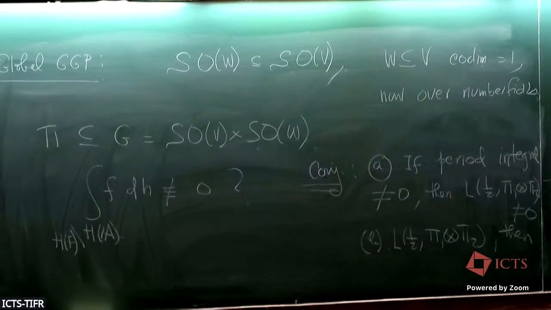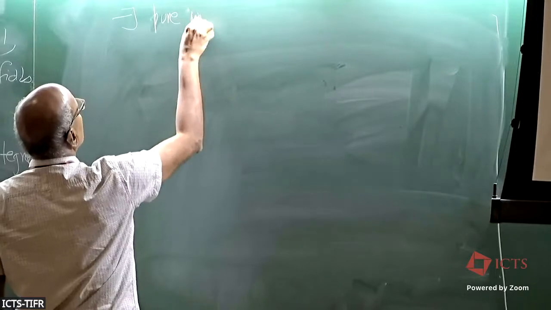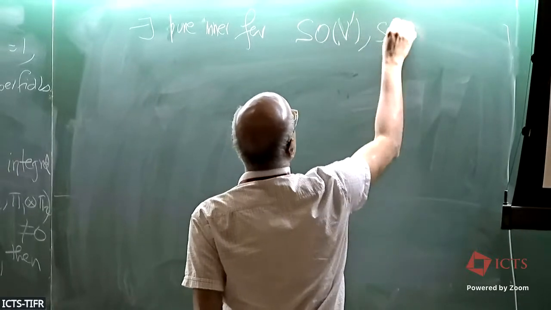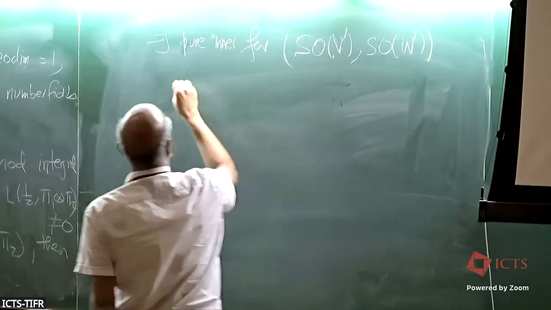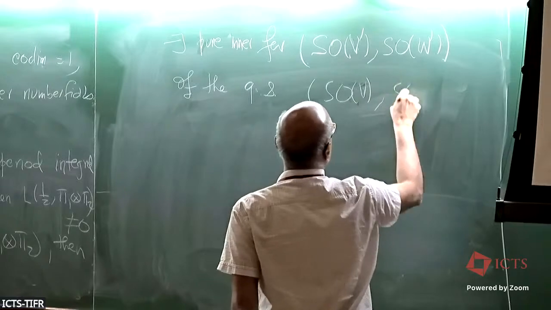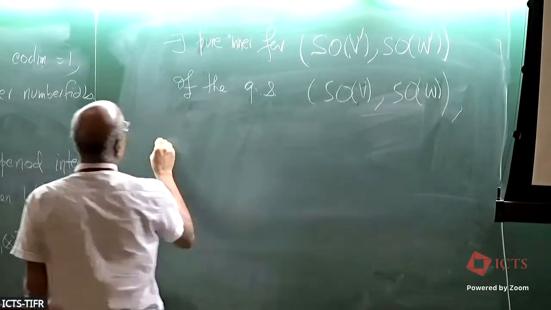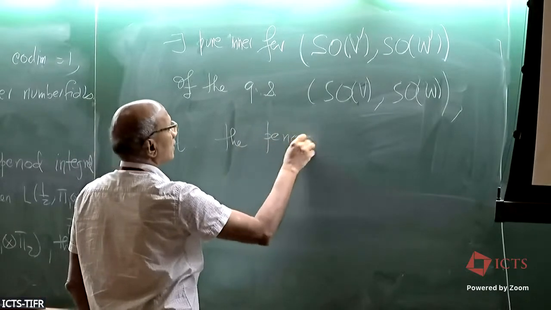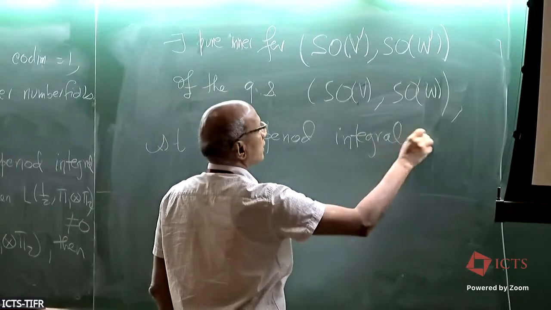So once again, for part B, we are looking at automorphic representations on quasi-split orthogonal groups, and then there exist pure inner forms SOV prime, comma SOW prime, which are relevant for the quasi-split SOV, comma SOW, such that the period integral is not identically zero.